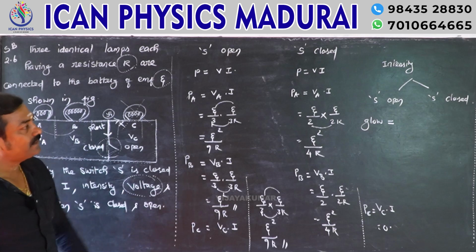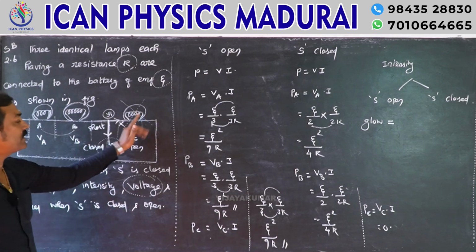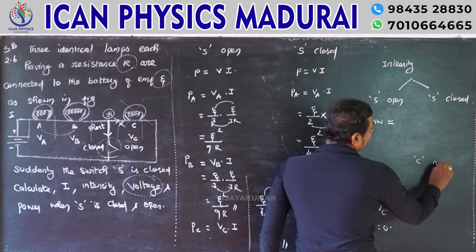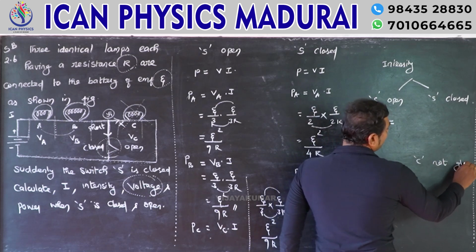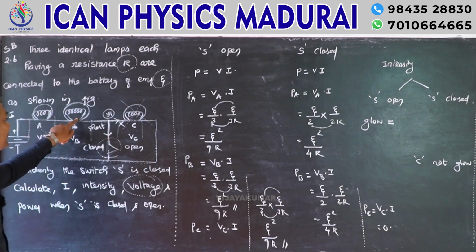Then when the switch is closed, no current will flow through the third one, so bulb C will not glow. But the same current is flowing through the first one and the second one.